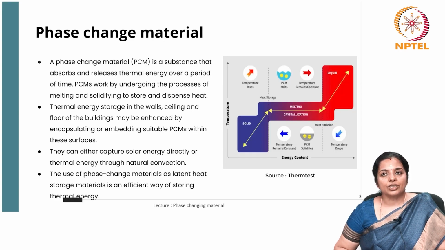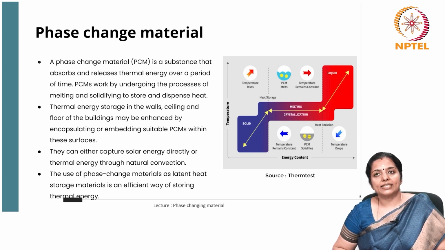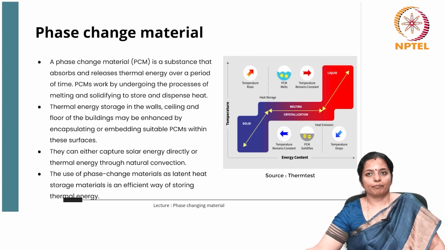Now, in the construction and architecture industries, the term PCM has been generally applicable to materials and products that can be used as temperature regulating media, for example, latent heat storage media for the regulation of temperature.